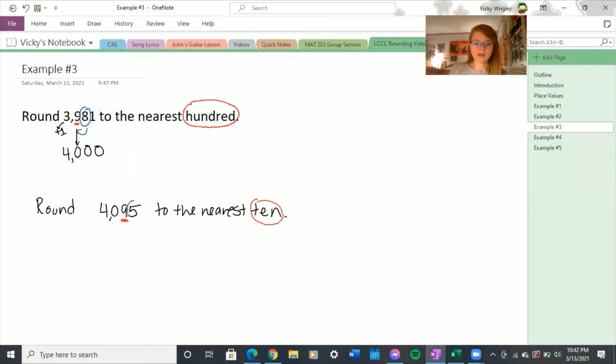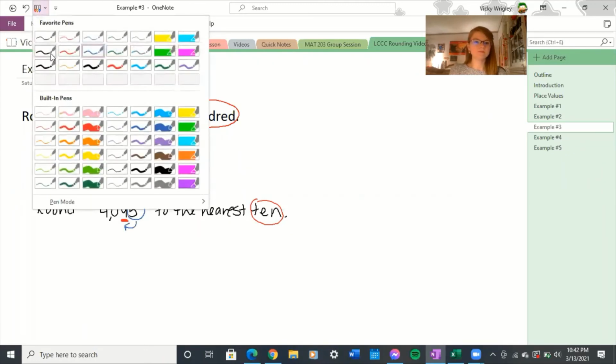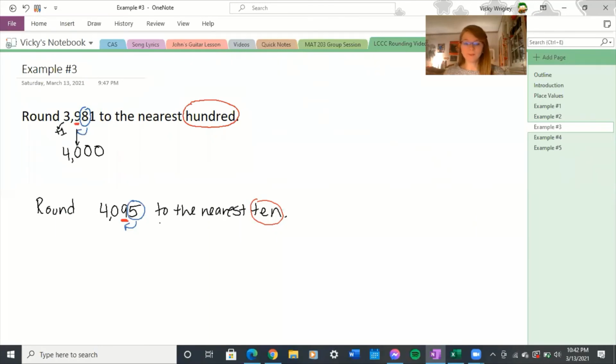Look at the number directly to the right. Five or above, give it a shove. The 9 is going to get bounced up to 10. Add a +1 to the next place over. This is going to be 4,100. Knock out everything to the right of the place value, the zeros.